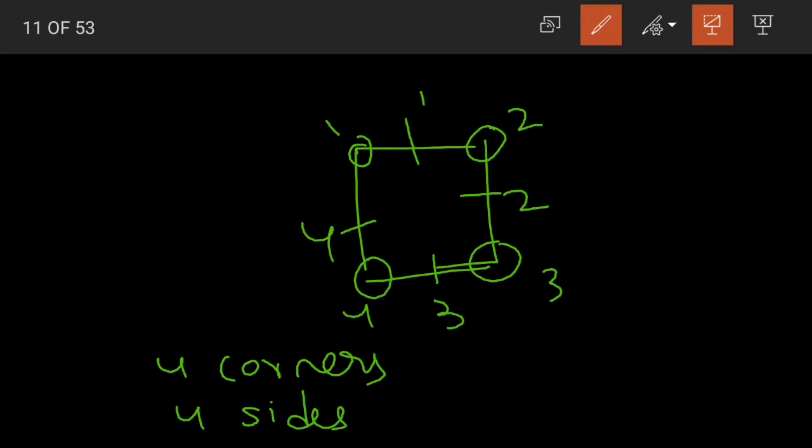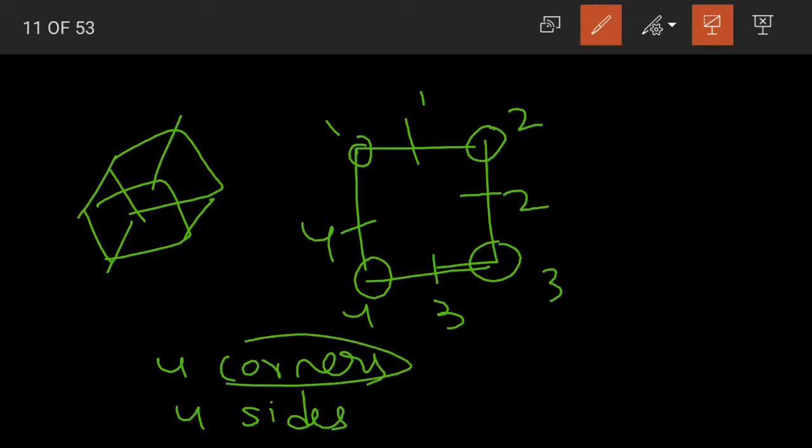When we are talking about solid shapes like cube, the name that we give for corners in solid shapes is vertices.